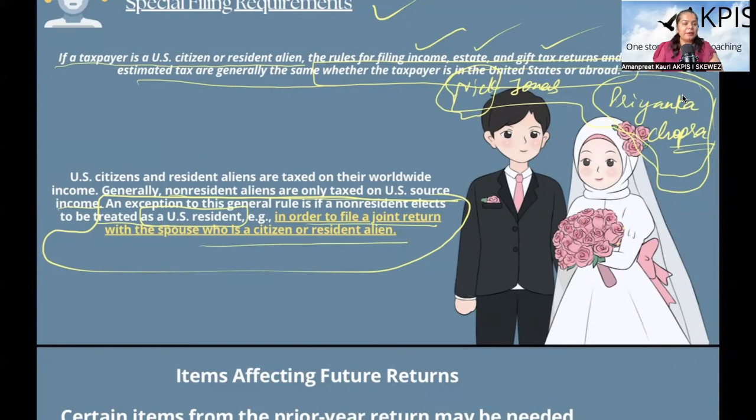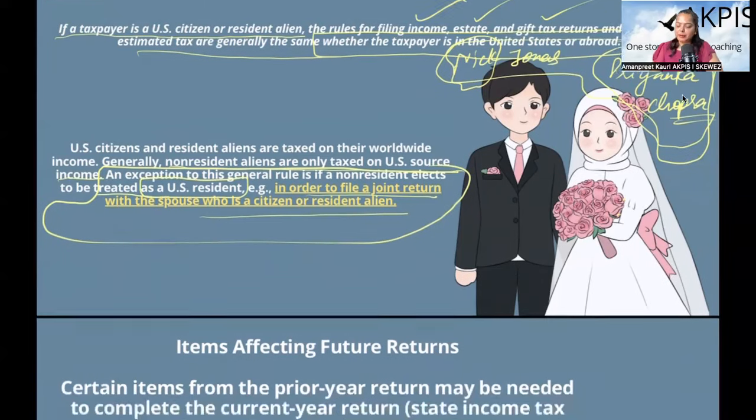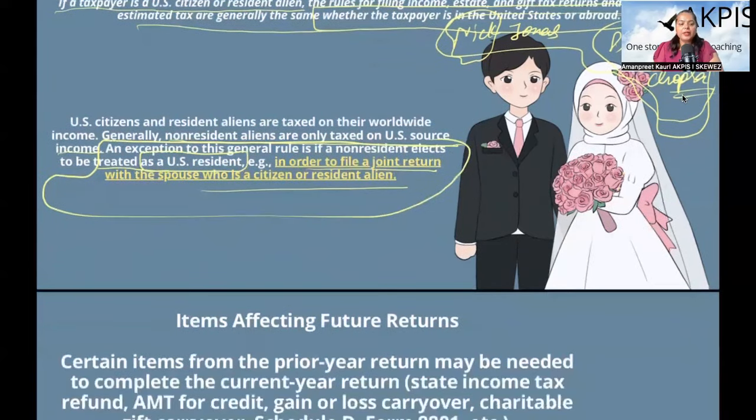See, as far as the double taxation avoidance agreements are concerned, the relief and all, we are not talking about the bilateral agreements between the two countries in detail. But let me give you a brief idea about that. There are certain double taxation avoidance agreements, DTAA, between various countries.